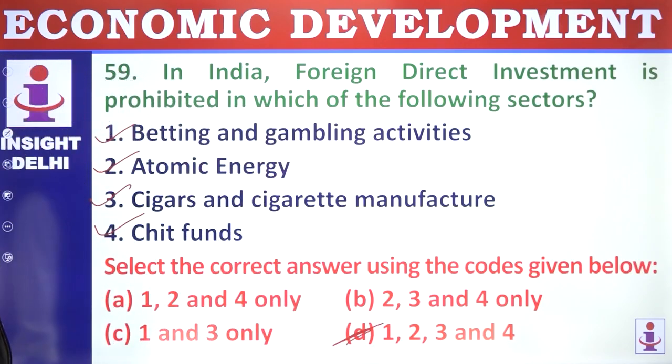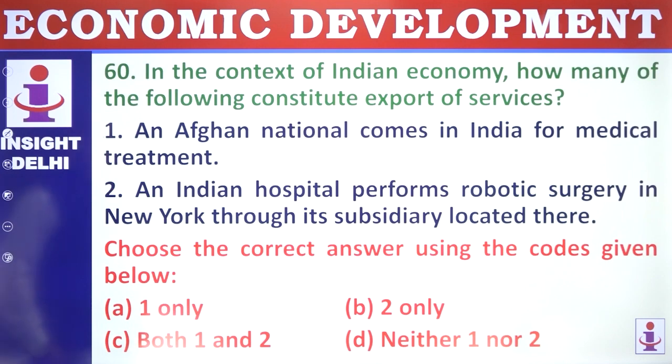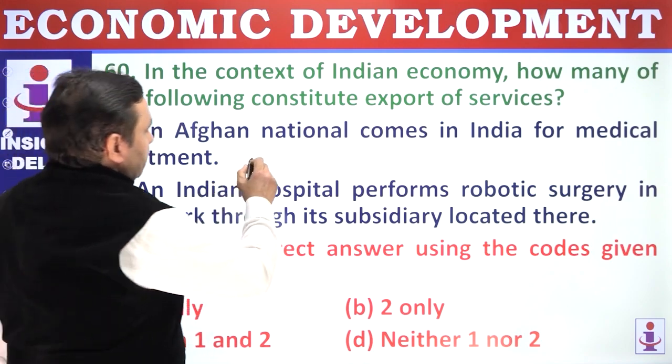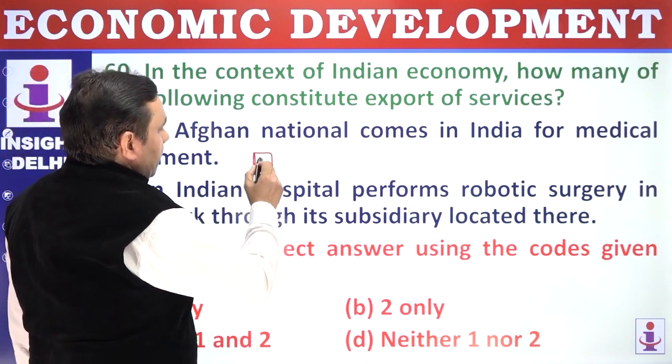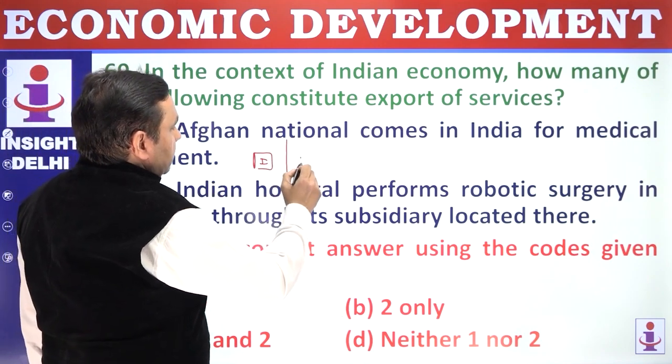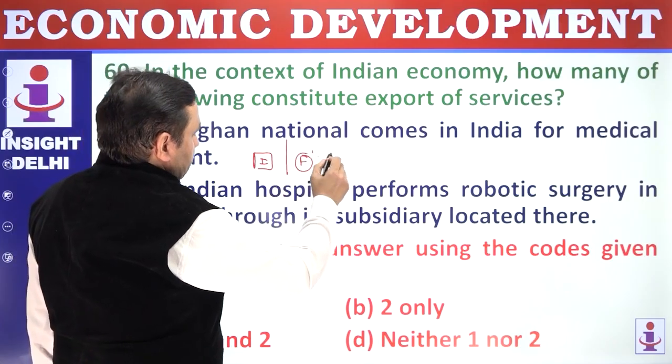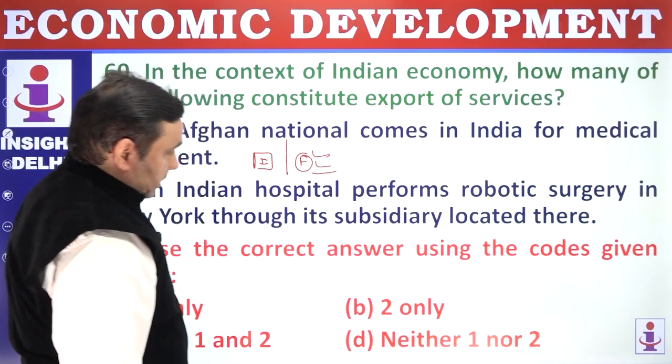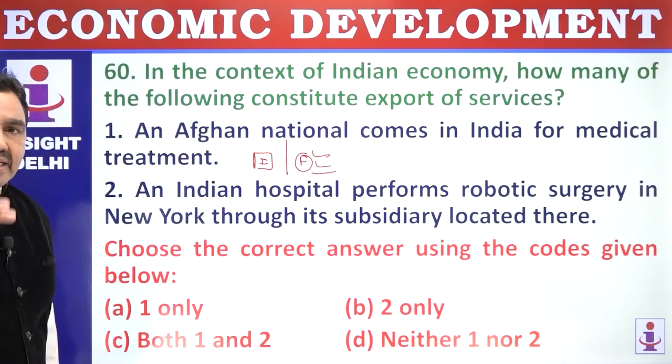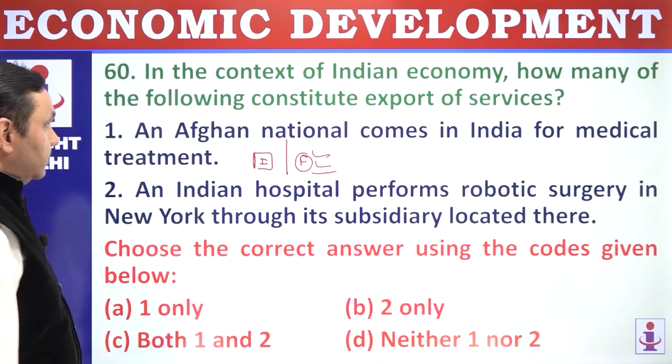FDI is not allowed. In the context of Indian economy, how many of the following constitute export of services? Export of services means service provider is Indian, service receiver is foreigner, and service receiver is located in foreign country. That's how export of services is counted.